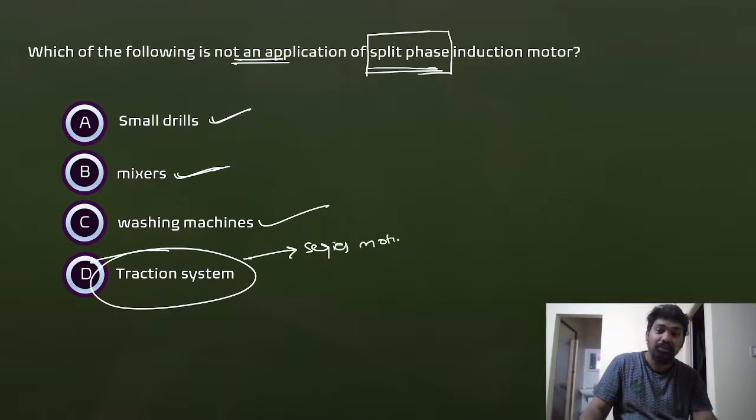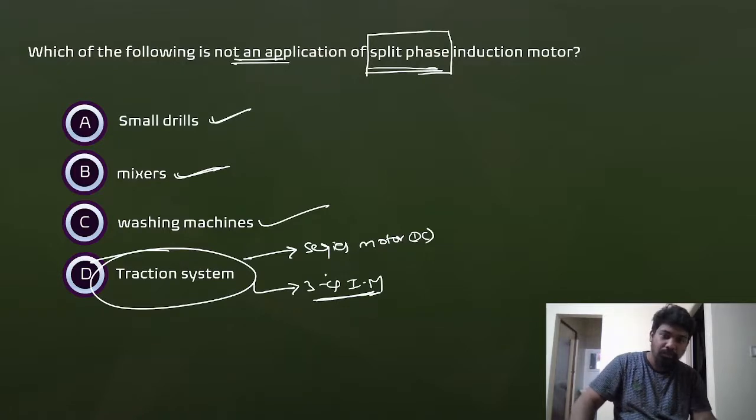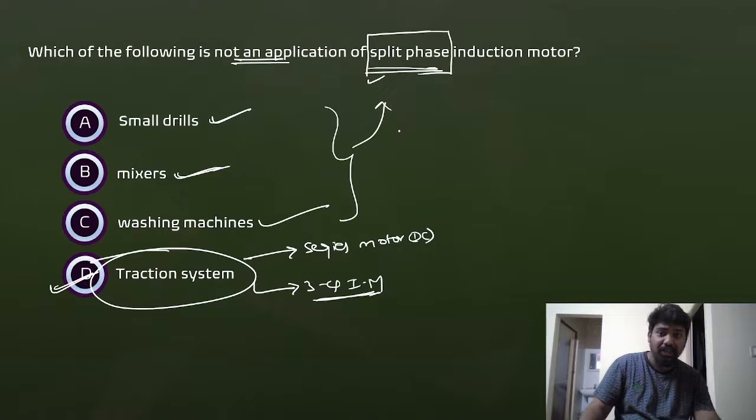In DC we use DC series motor, and for 3-phase we use 3-phase induction motor. But single phase induction motors are not used for traction, especially the split phase induction motor. This is not at all used for traction, so we can blindly go with this option. Rest all are applications of split phase motor. But this is not an application, right?